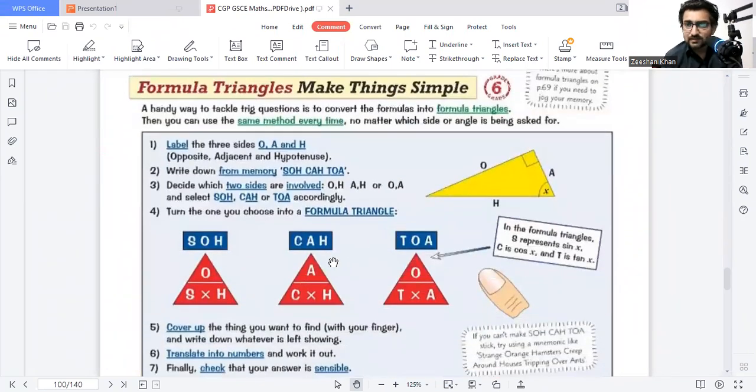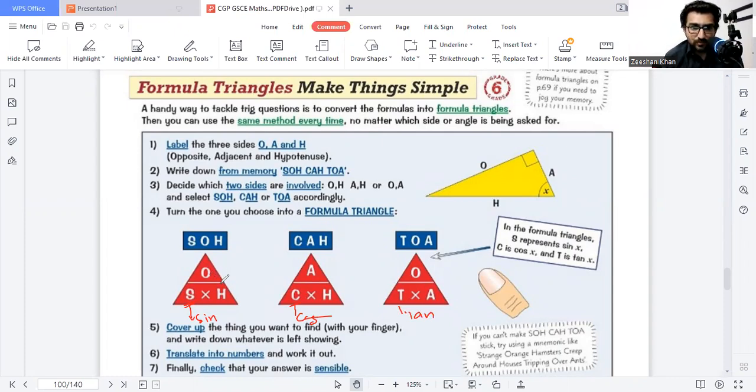Now, this is the simple method in order to memorize the formula. That is the formula triangle. Here you can memorize it, simply learn that. Now, this S means sine, C means cos, T means tangent.